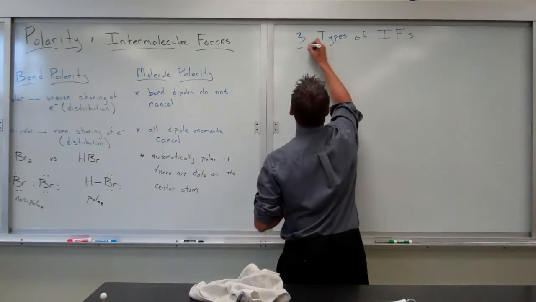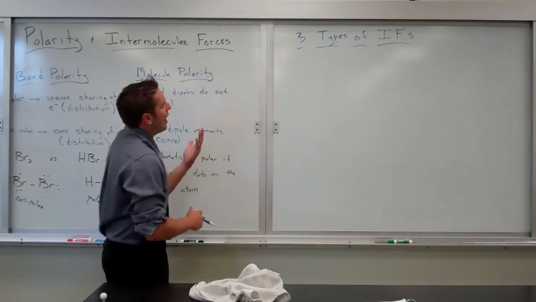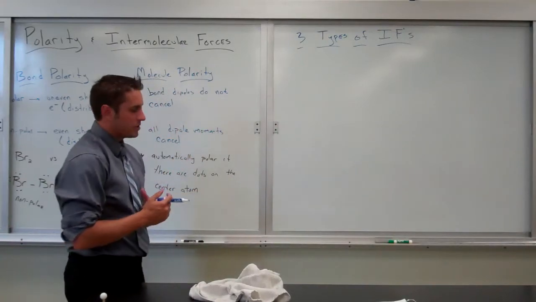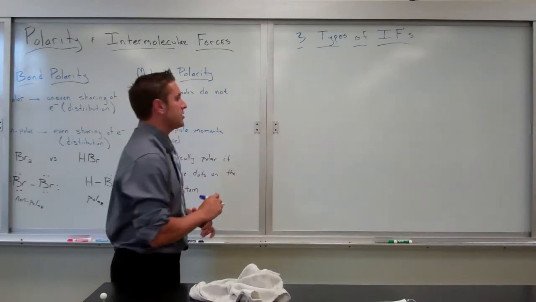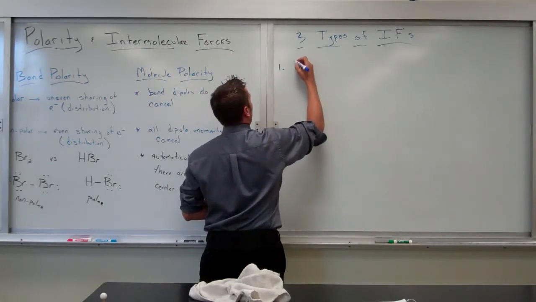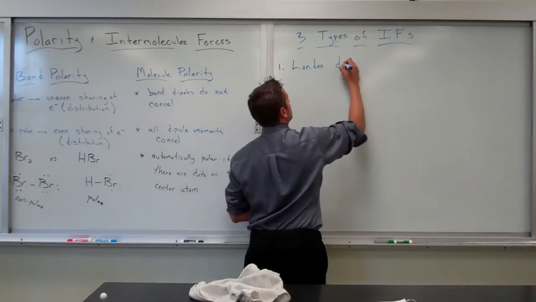And most often I will get tired of saying intermolecular forces, so I will call them IFs. Right? Abbreviation for intermolecular force. Right? First type of intermolecular force are London dispersion.